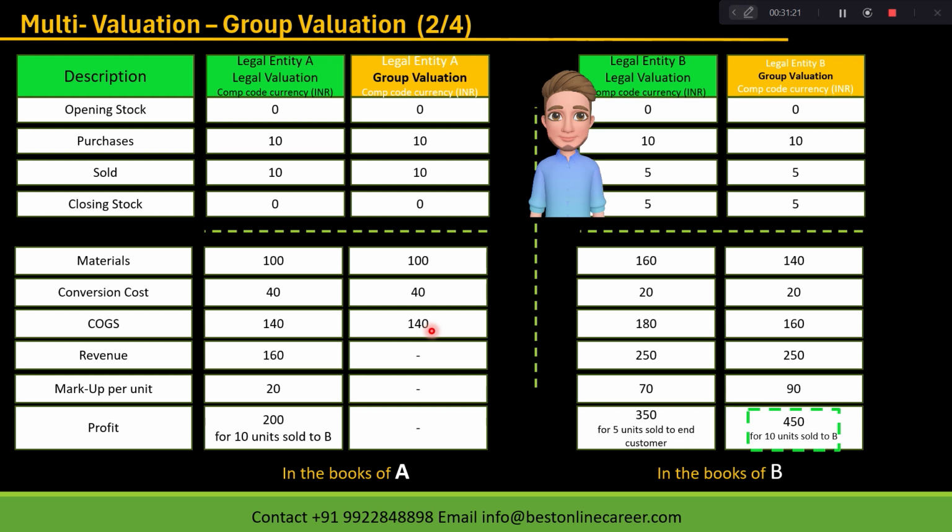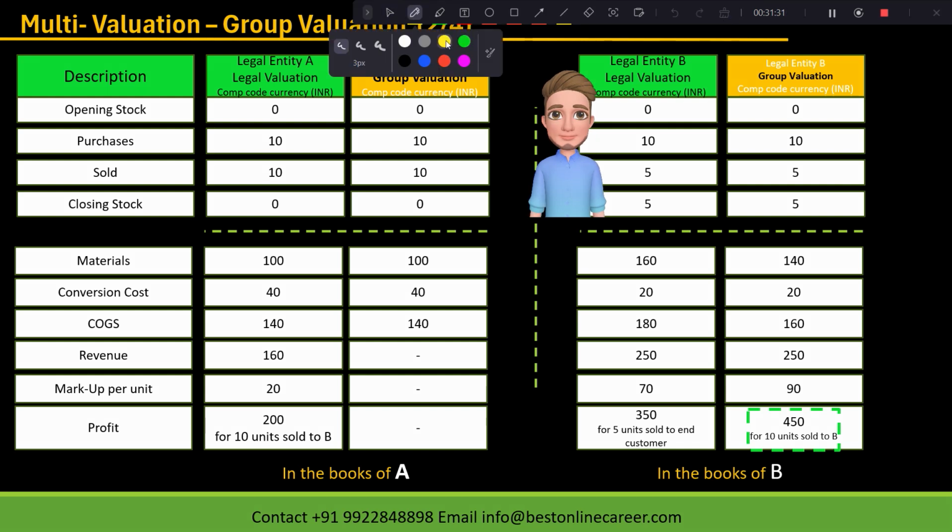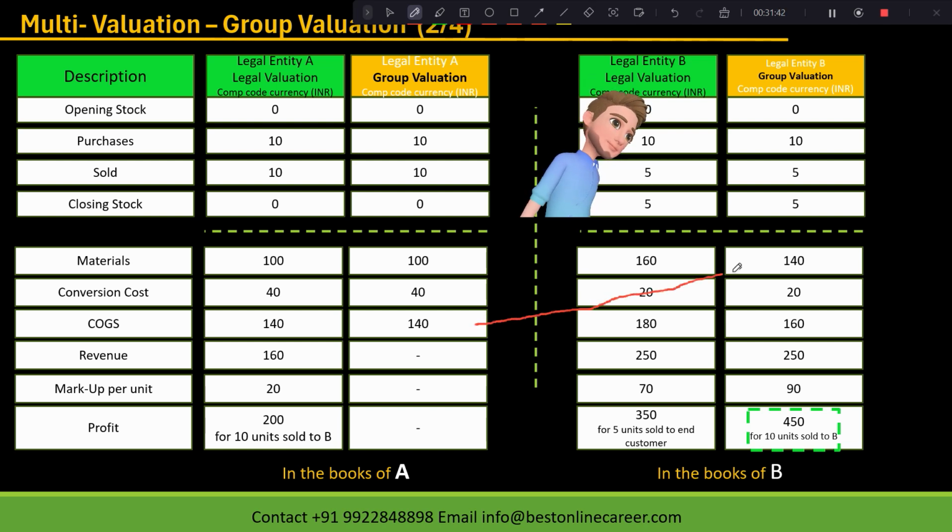Now this 140 is what gets reported here. See, this 140 is what is going here. Let me choose an arrow.